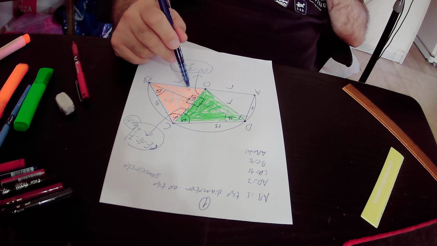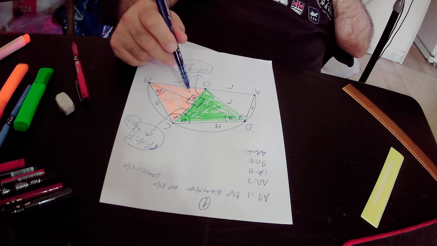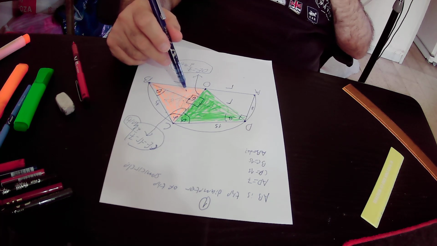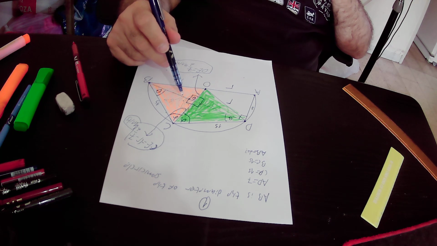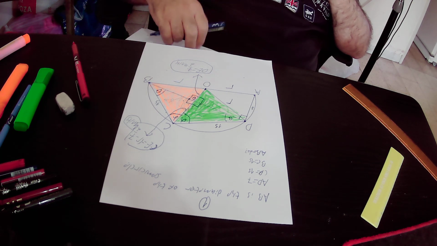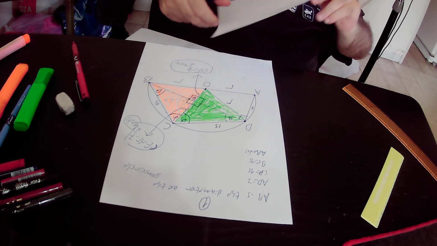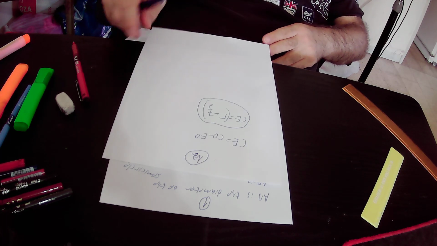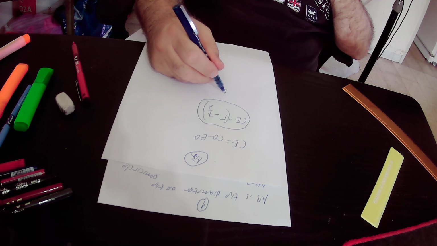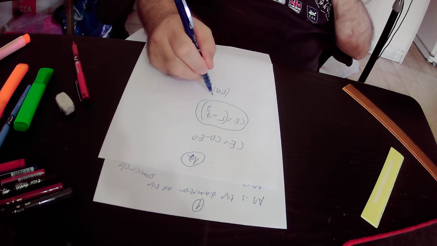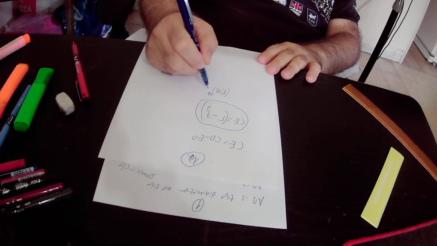Therefore, triangle OEB is also a right triangle. So we can implement the Pythagorean theorem on those two right triangles by the statement that EB squared equals EB squared.